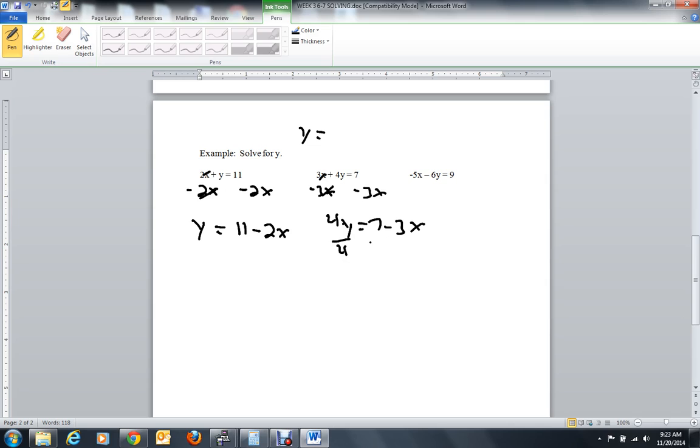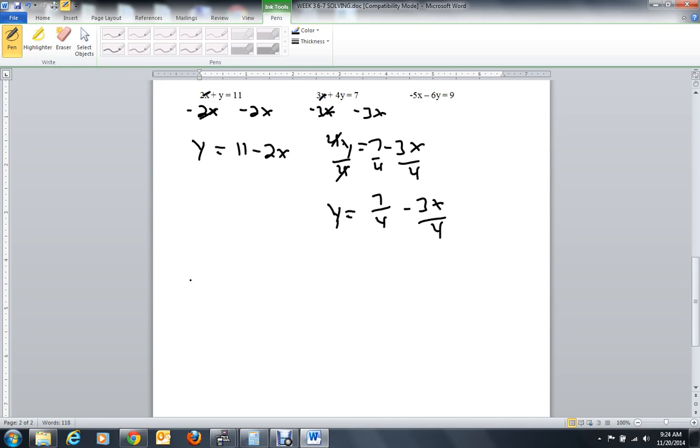Now when I divide the right side, I'm going to do each side individually. It's highly recommended. So we're left with y equals 7 over 4 doesn't reduce, so I keep it as that. Negative 3 over 4 doesn't reduce, so I'll leave it as negative 3x over 4. And that's the answer. As soon as you get y by itself, you're done.